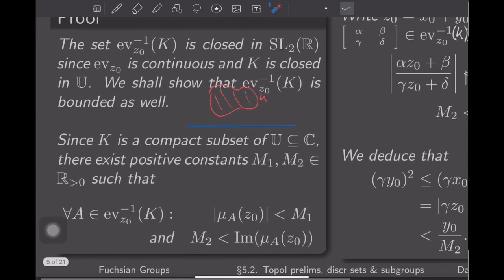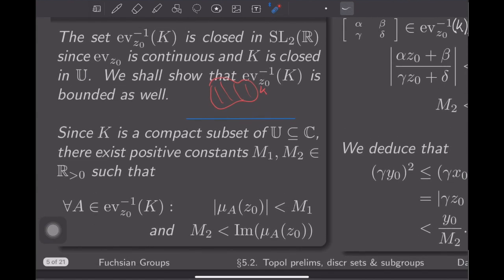So there's this constant with that property, for K, and also the norm is bounded here, right?